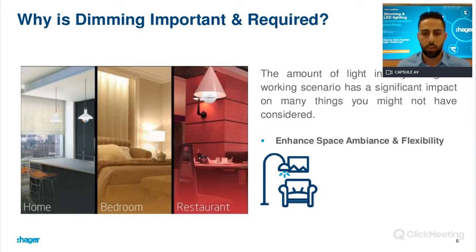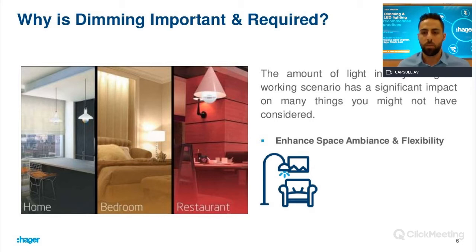Lighting designers and consultants know that the light level in every space is important. It is not the point where we install the light fitting and that's it. We want to make sure that this light fitting delivers the required output for the light sensitivity, in other words.